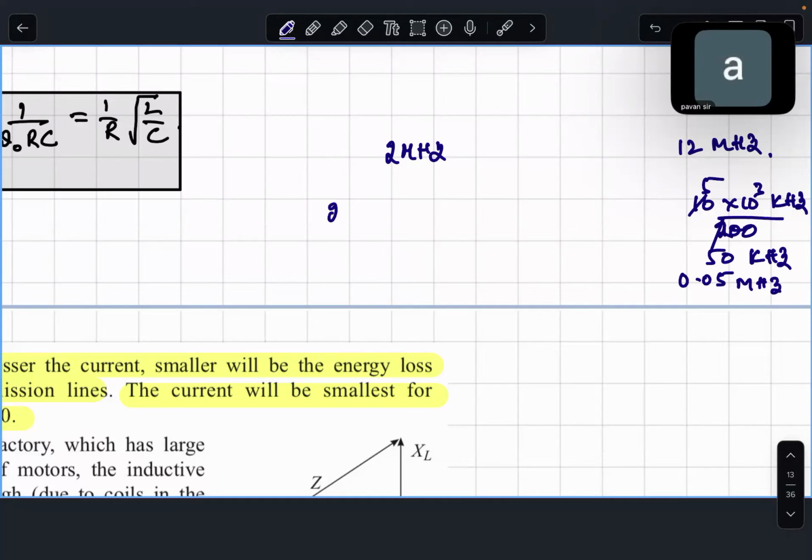So if I am leaving the 2 megahertz point, my first station starts at 2.05 megahertz. This is the first channel which I will broadcast. Likewise, by the time I reach 12 megahertz, you will get my 100th channel.